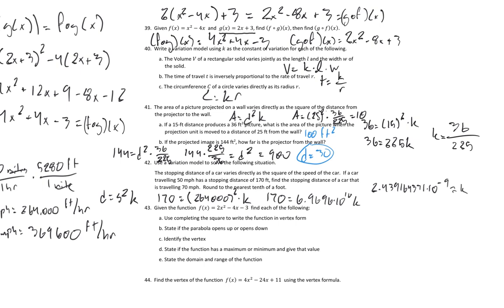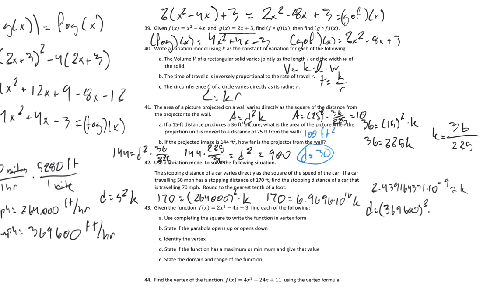So we want the distance for a car that is traveling 70 miles per hour. So we'll say D equals our 70 miles per hour, which is that conversion we just did, 369,600 squared, times k.